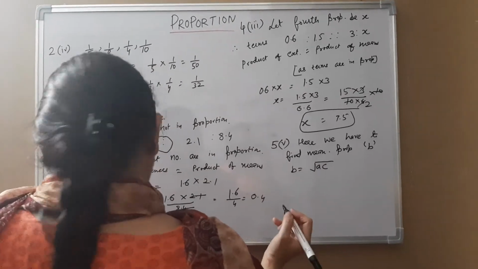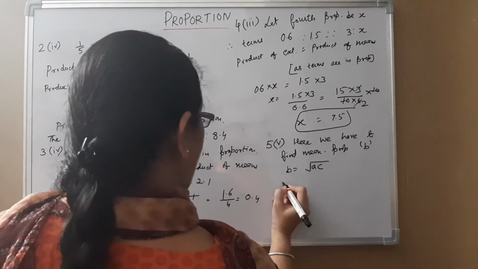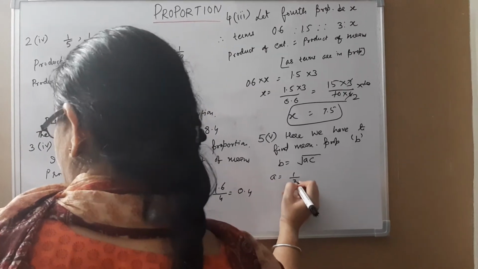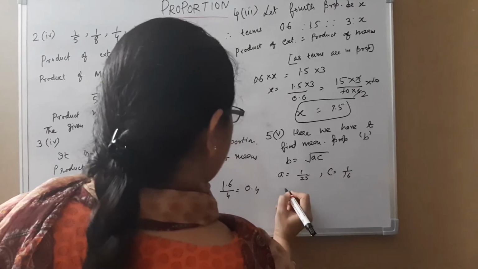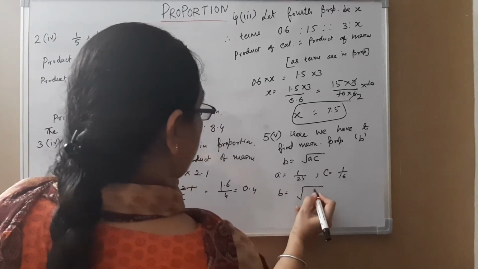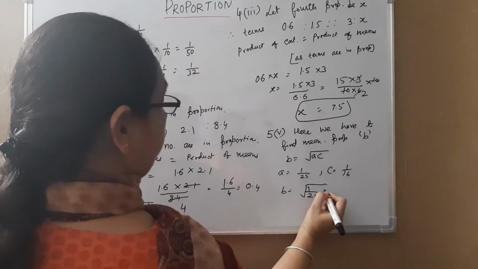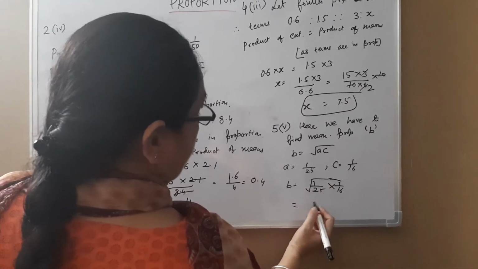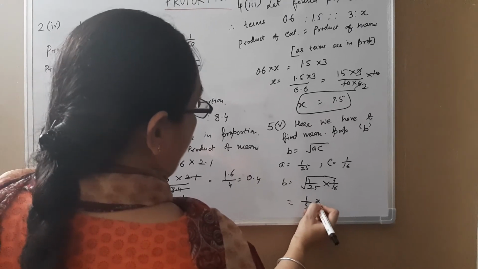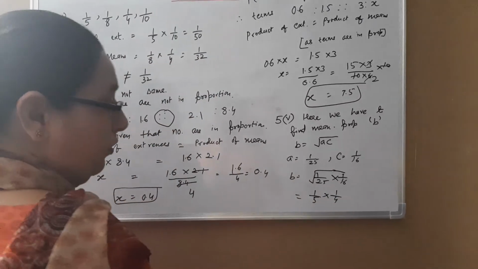Now they have already given A as 1 upon 25 and C as 1 upon 16, then B would be the square root of 1 upon 25 into 1 upon 16. It is 1 by 5 into 1 by 4. You know this?